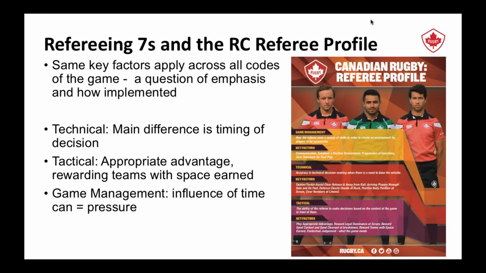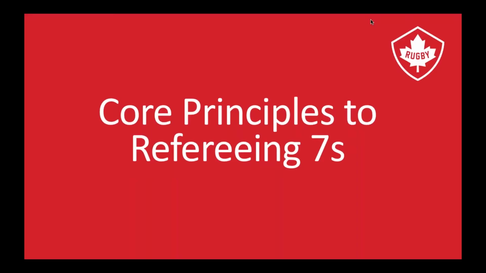And then finally, from a game management perspective, the one key factor is the influence of time, which can equal pressure on us as referees. So how do we deal with that pressure? And how do we then use it to our advantage when we go time off and all that kind of stuff. So we'll take a look at those aspects of the profile as we go through the rest of the presentation.